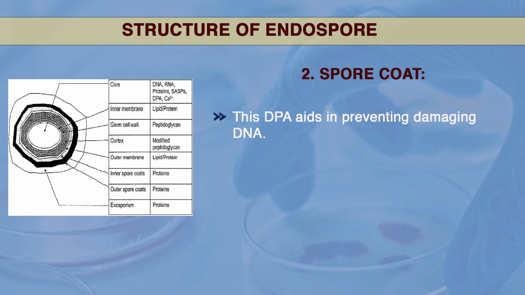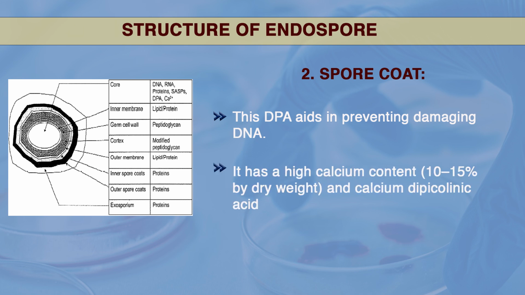This DPA aids in preventing damage to DNA. It has a high calcium content, 10 to 15% by dry weight, as calcium dipicolinic acid. So, this is the constitution of the spore.